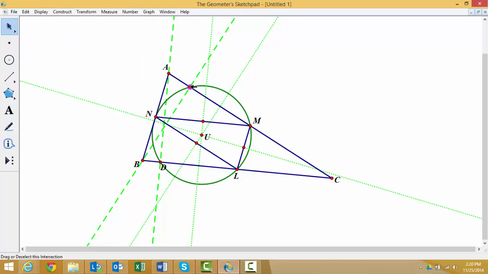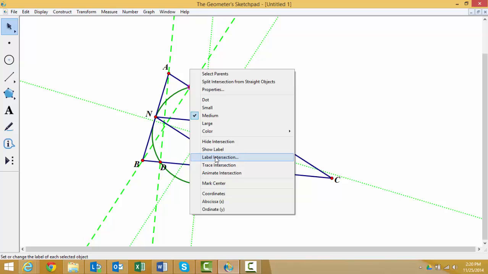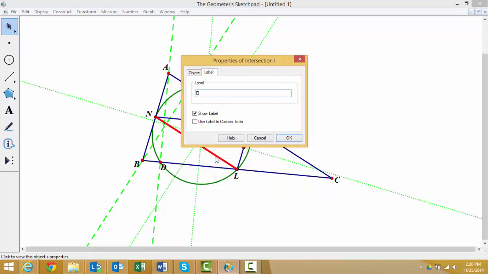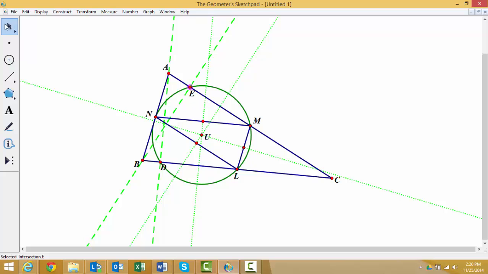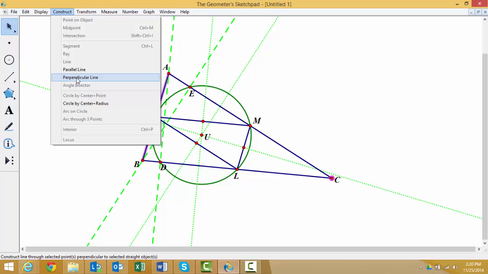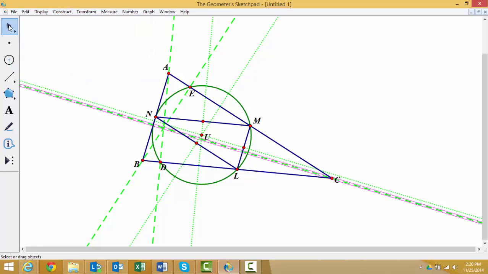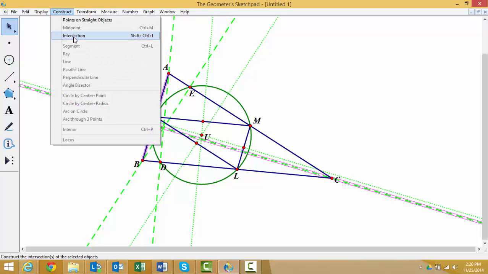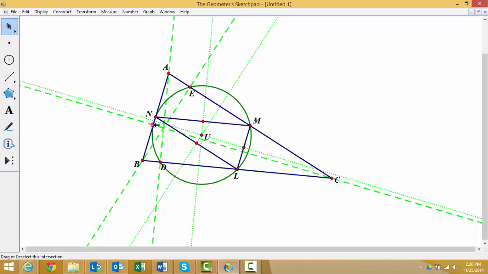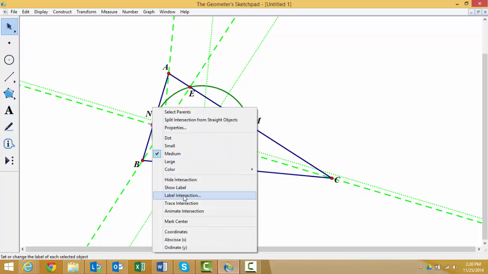And that intersection, I'm going to call it E. Similarly, I'm going to take the other side, AB, and the opposite vertex here, construct a perpendicular line. Now unselect everything, but the side and the perpendicular, construct the intersection, and I'm going to call that intersection F.